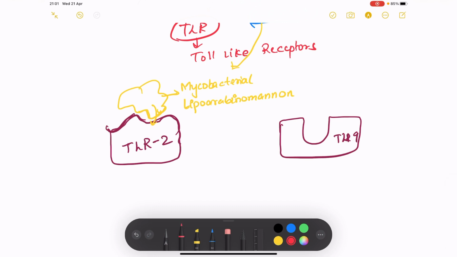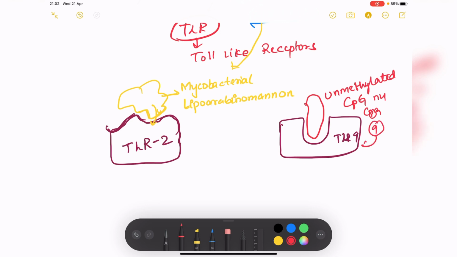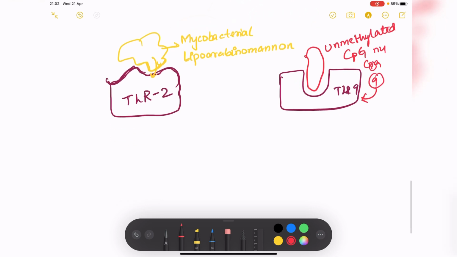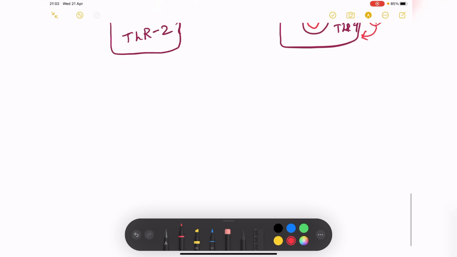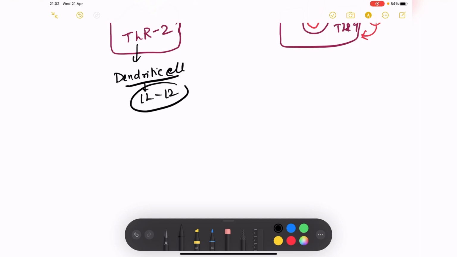The other one is called unmethylated CpG nucleotide. It binds with TLR9. See, if you remember CpG, and if you reverse this P, it appears as 9, right? You can remember it like that. And the other one, it will bind to TLR2. Now, you can remember this, that this will activate the dendritic cell, and that will produce interleukin 12, which is very important.